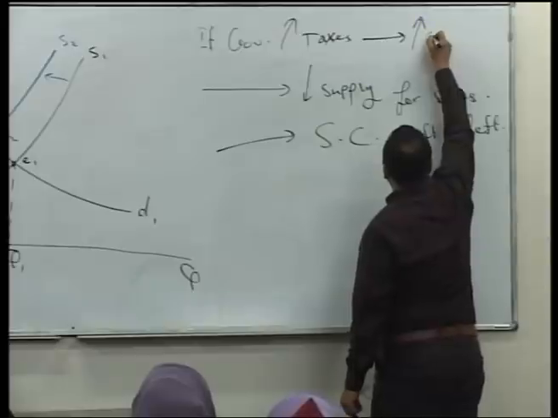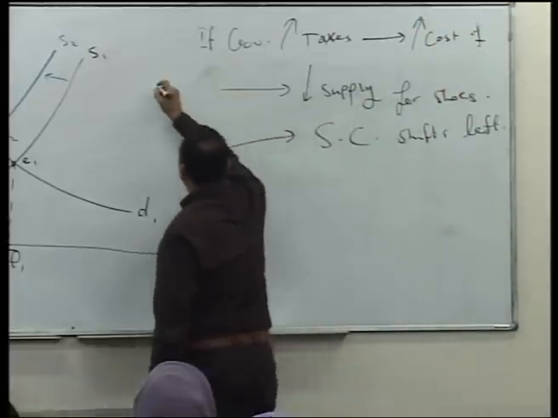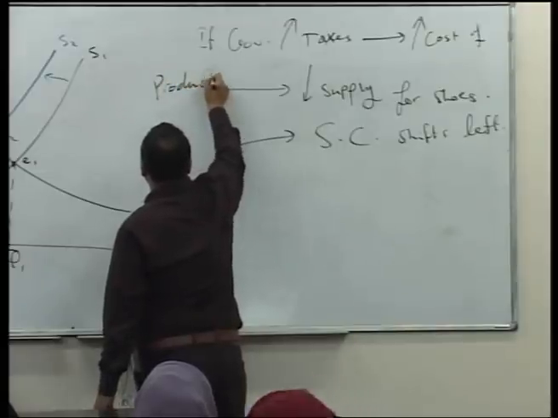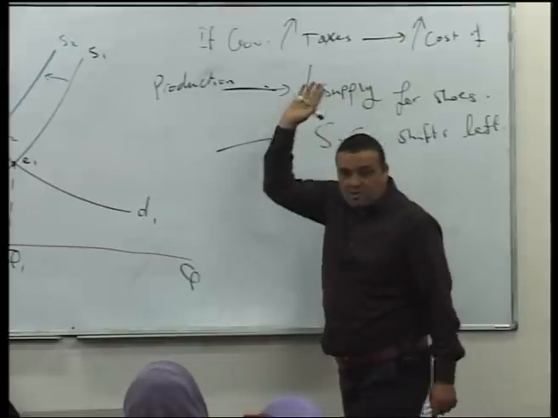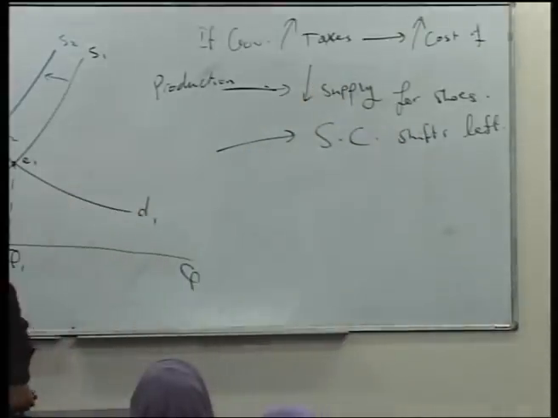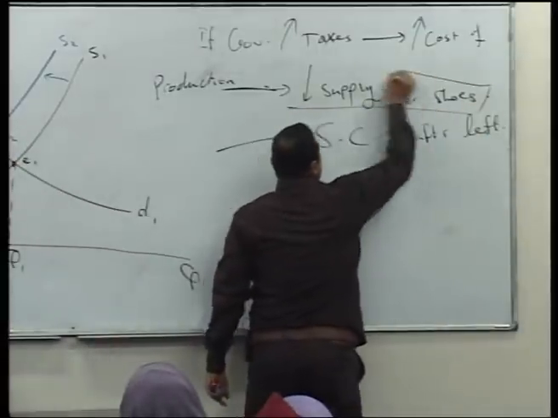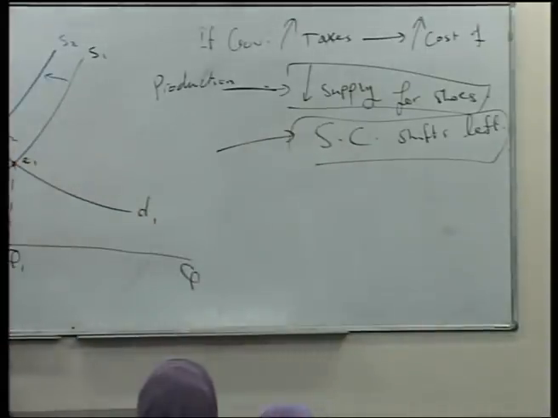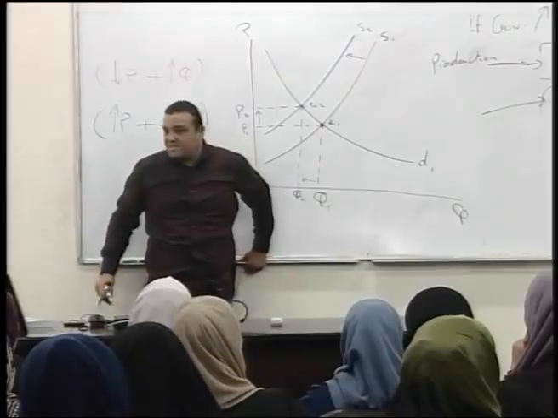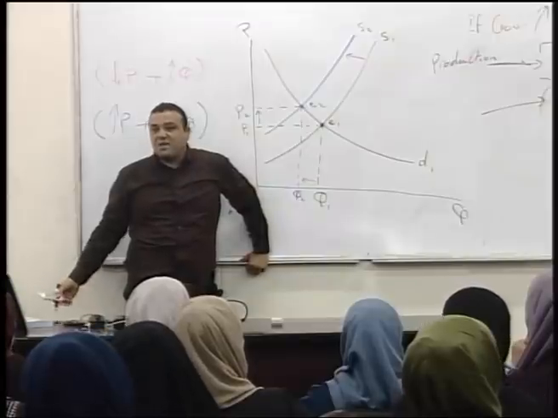This leads to increasing the cost of production. As the cost of production goes up, the ability to produce goes down, the willingness to produce goes down, so supply goes down. Here we have a leftward shifting in the supply curve. So the supply curve for shoes in this case shifts left. Okay? Tamam? And vice versa.